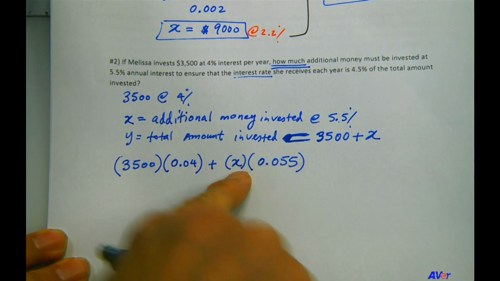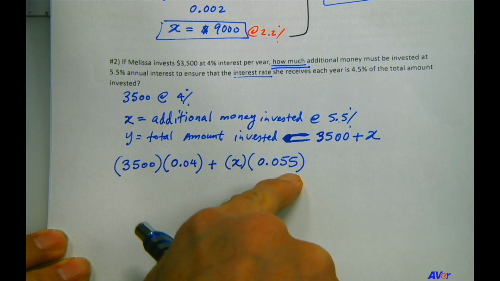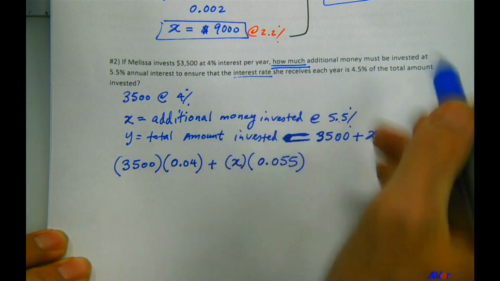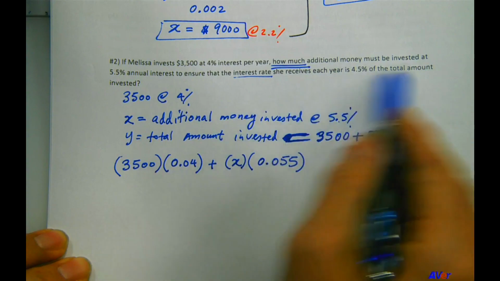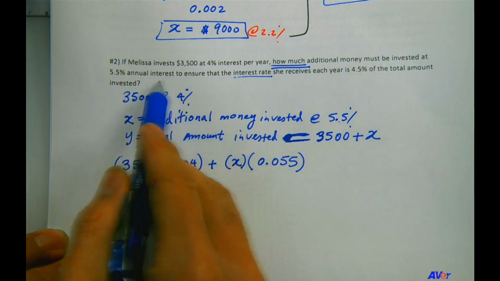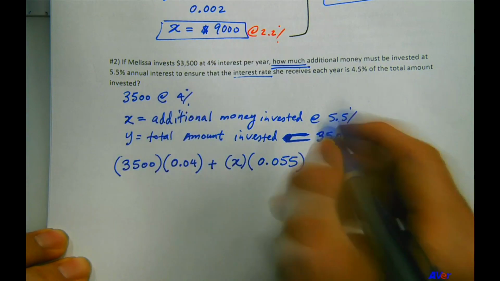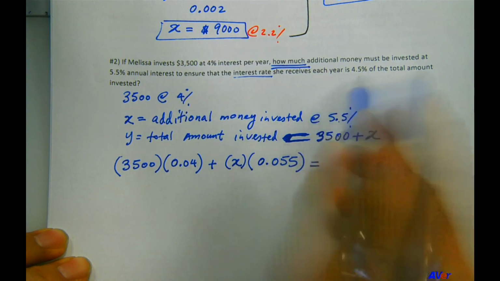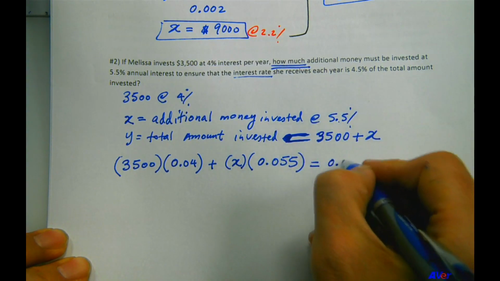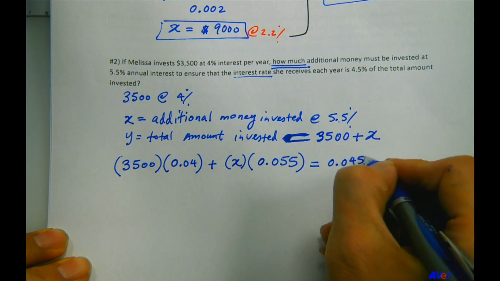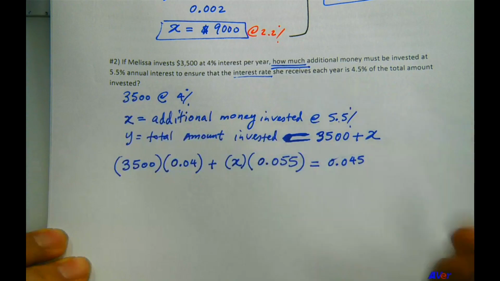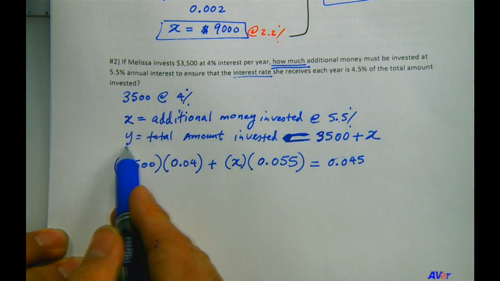We're wondering how much she should invest at that interest rate, so that, let's read the rest of the problem. Must be invested at 5.5% to ensure that the interest rate she receives each year is 4.5% of the total amount invested. What was the total amount? Y.